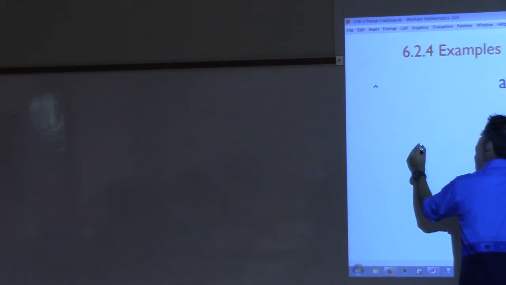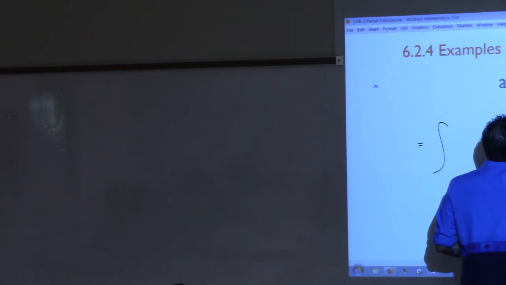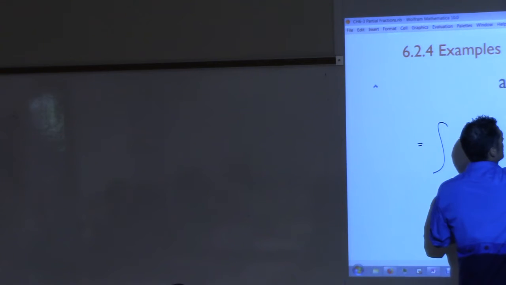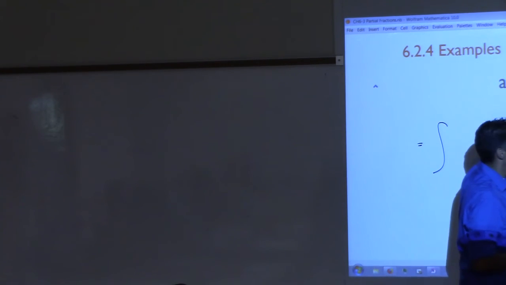Quick question. How do you get x cubed plus 0x squared plus x? That's just me realizing that I'm missing an x squared here, right? So in long division, we want to always allow ourselves a column for each of the powers.